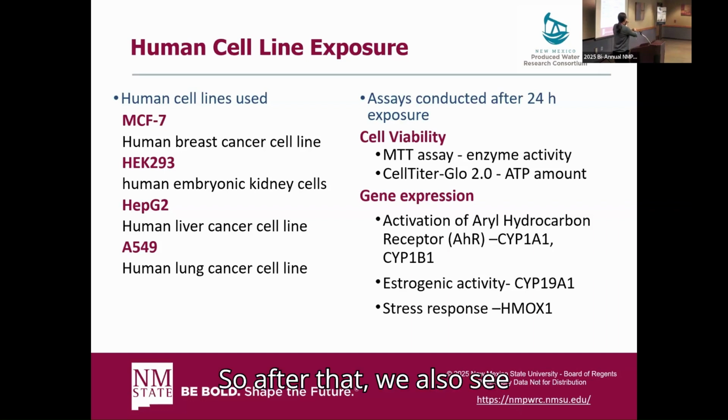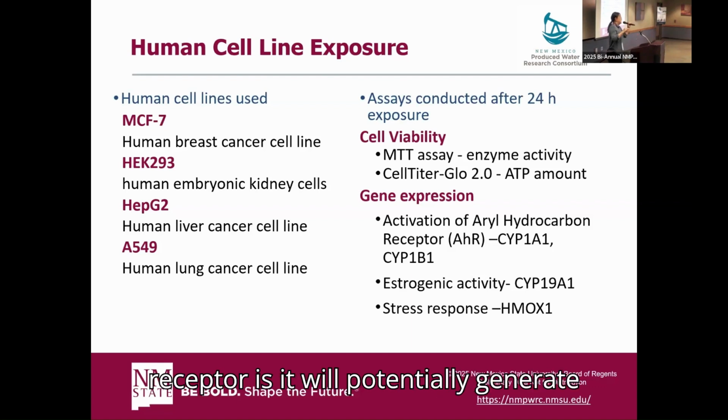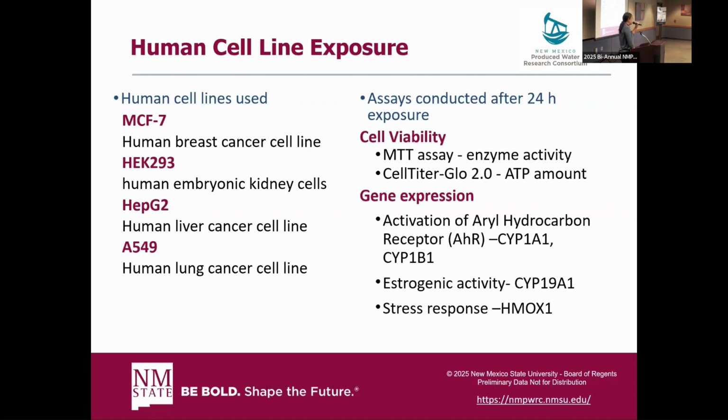After that, we also see whether there is activation of the aryl hydrocarbon receptor, based on a gene expression study. The bad thing about activation of the aryl hydrocarbon receptor is that it will potentially generate some toxic metabolites, and it will also interfere with overall gene expression of the cells.